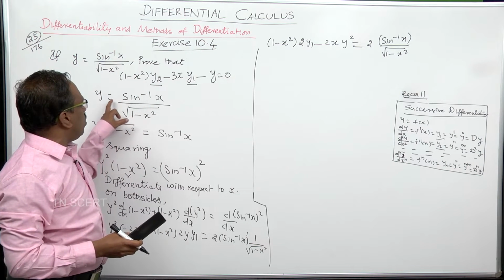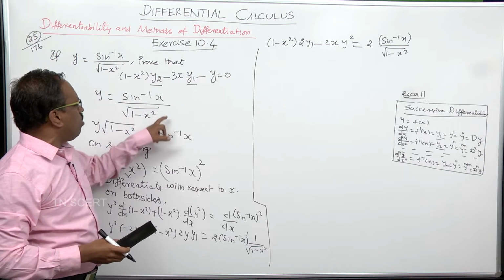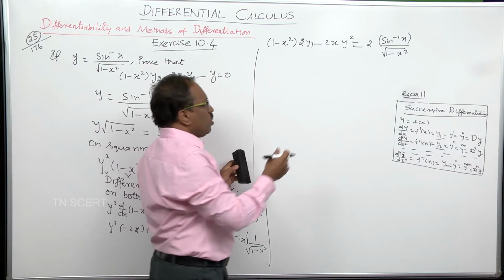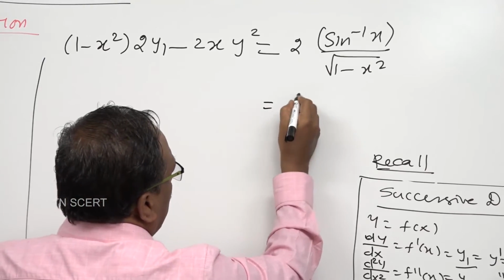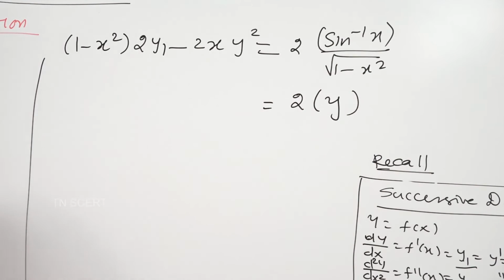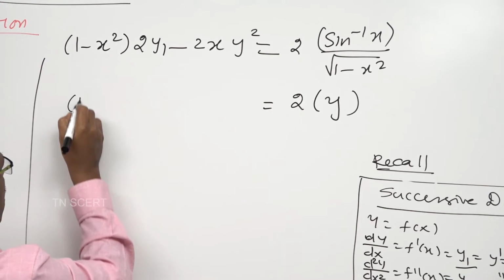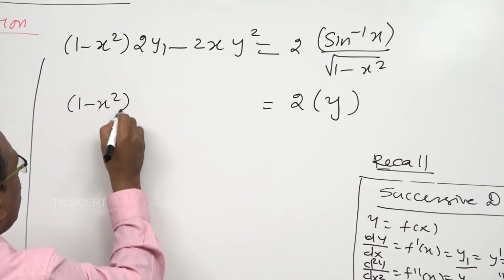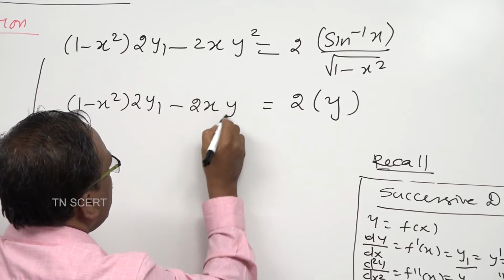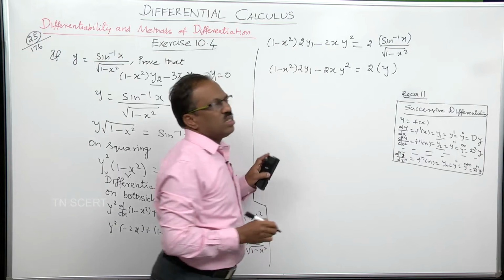So sin inverse x by square root of 1 minus x square is what? Nothing but y. So you can apply y over here. Sin inverse x divided by root of 1 minus x square is y. That means 1 minus x square 2y y1 minus 2xy square like this.